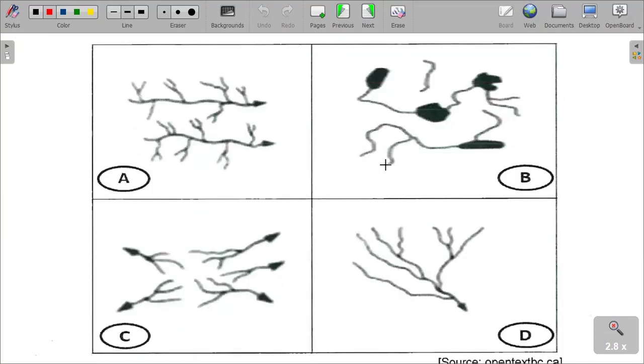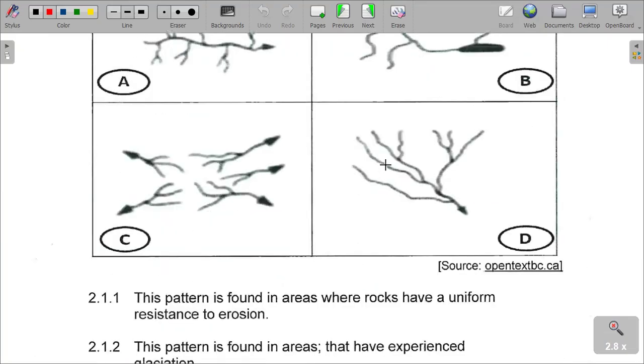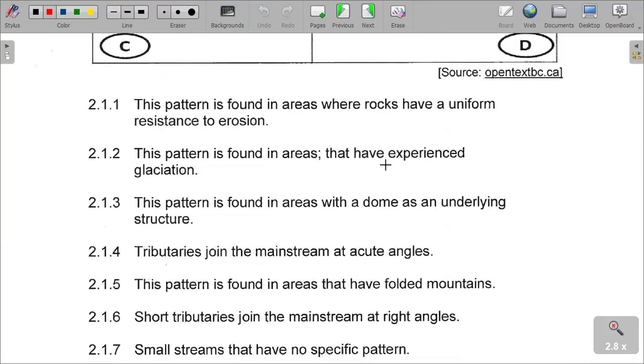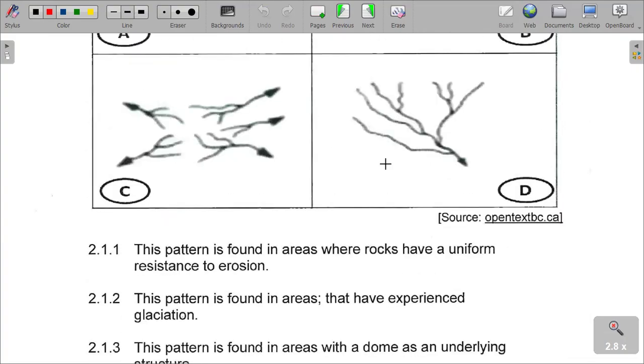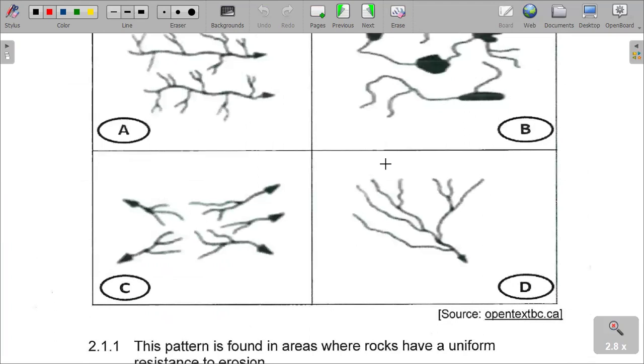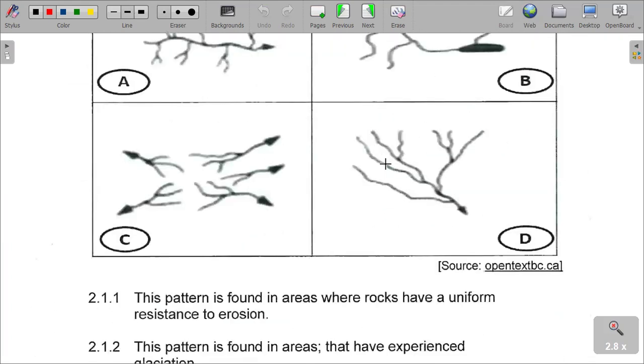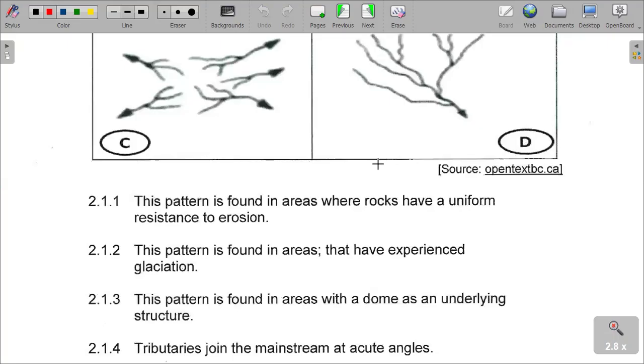We have got these types of drainage patterns that are given here. 2.1.1, the pattern is found in areas where rocks have a uniform resistance to erosion. Which one is that? D. D is found in areas of uniform resistance to erosion.